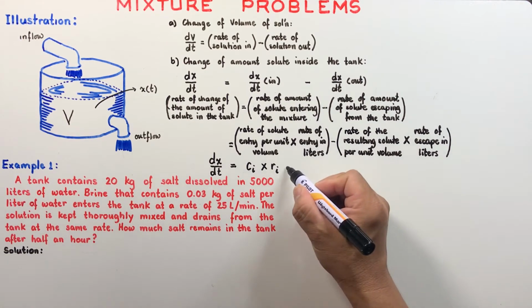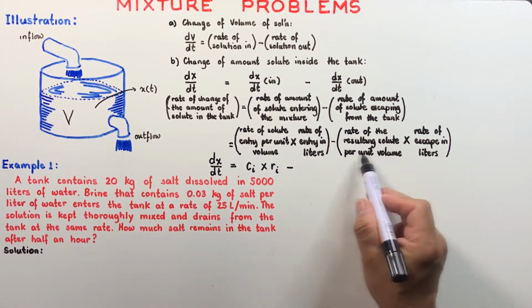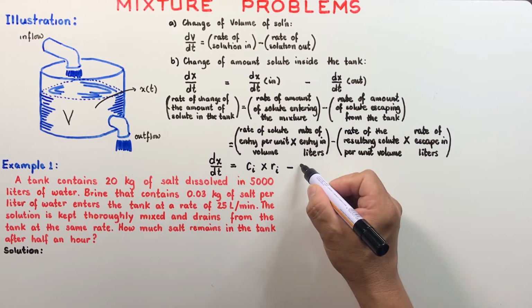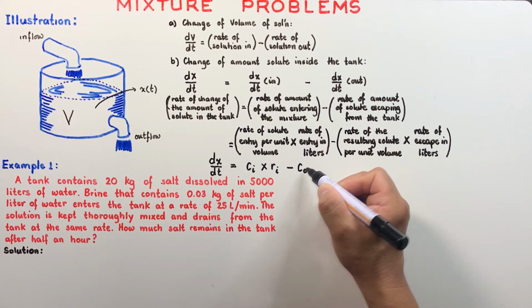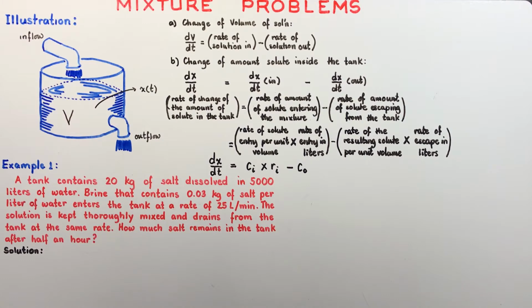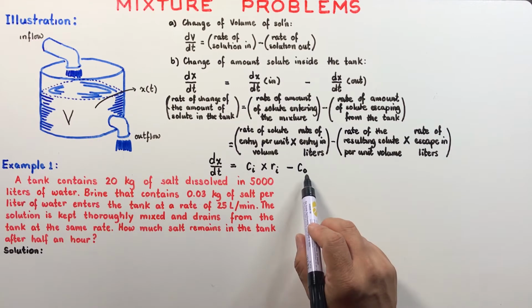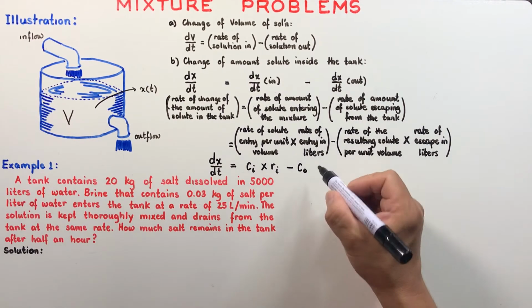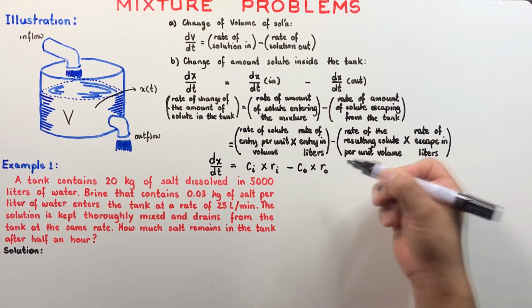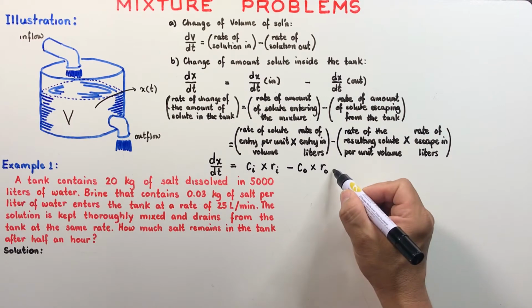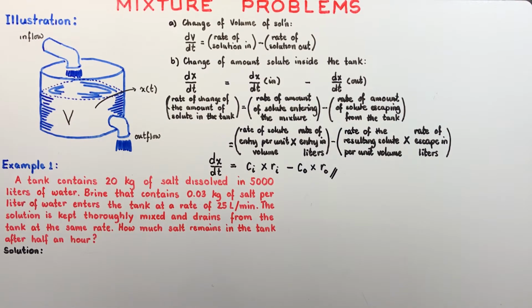And this will be subtracted by the rate of the resulting solute per unit volume, represented by C_O, because this is the rate of the resulting solute per unit volume escaping from the tank, O meaning outside. And this will be multiplied by the rate of escape, which will be represented by R_O. So this is now our formula that will be used in solving mixture problems that can be modeled by differential equations.